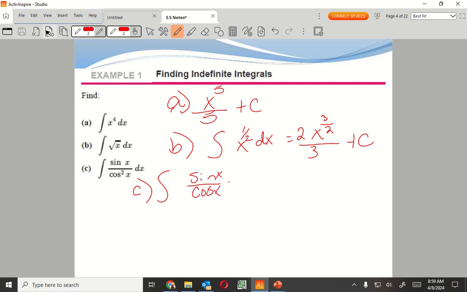Times 1 over cosine, right? What is sine over cosine? Tangent, very good. And what is 1 over cosine? Was it cosecant or secant? Secant. If I rewrite this by rearranging, I'm taking the integral of secant tangent.